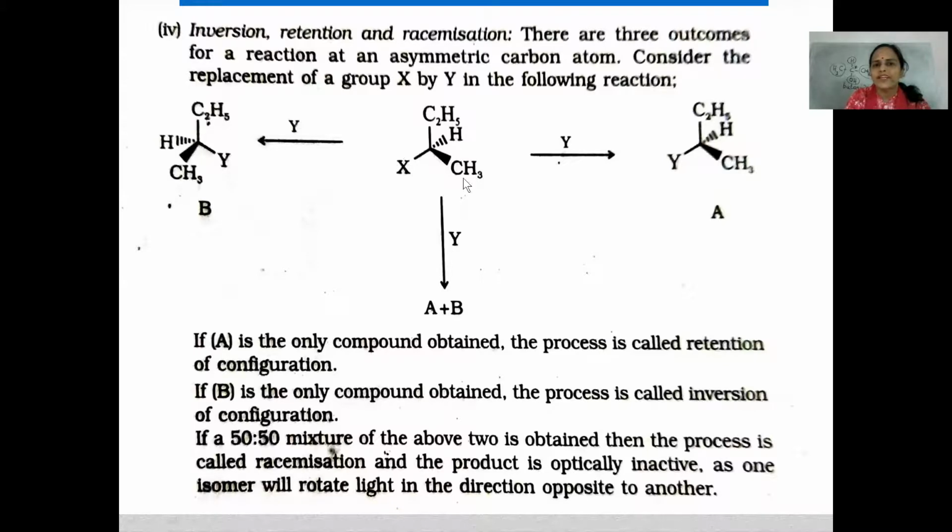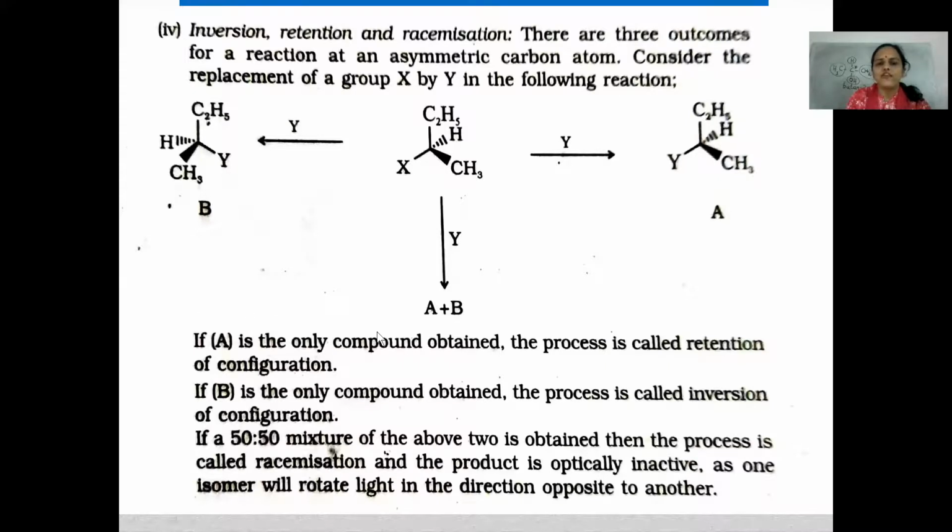Followed? X getting replaced only with Y is retention of configuration. And here you see the product B which I get. C2H5 is there, H is here and Y has come on the other side. So X is getting replaced with Y, but I'm getting an inverted configuration. So there the process of inversion of configuration has occurred.